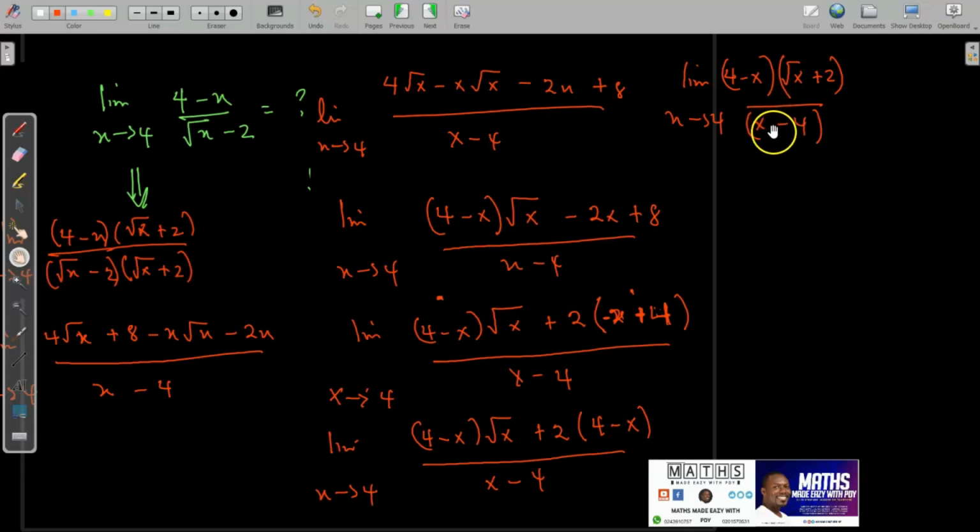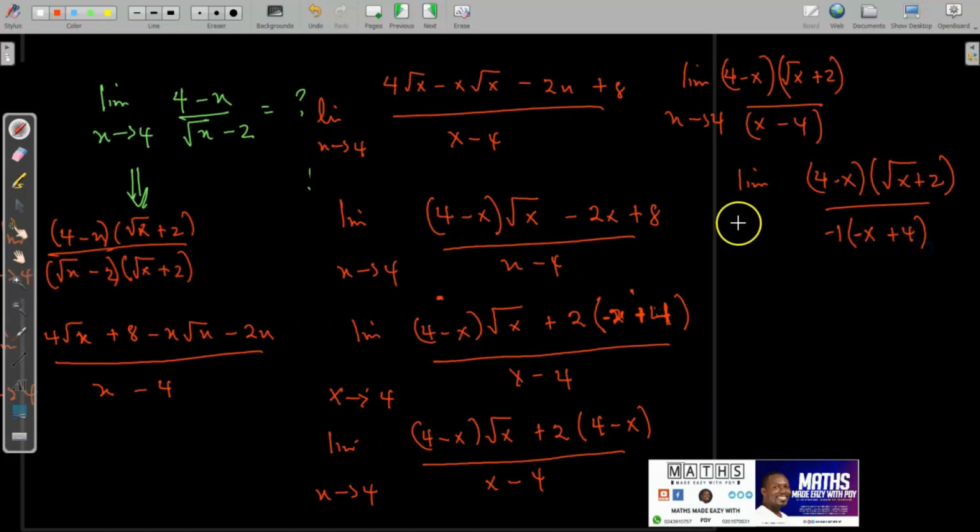So when you factorize out negative 1 for the denominator, it's going to be limit of 4 minus x into brackets root of x plus 2 all over minus 1 out. Negative 1. You have x. Negative x. Then plus 4, as x approaches 4.